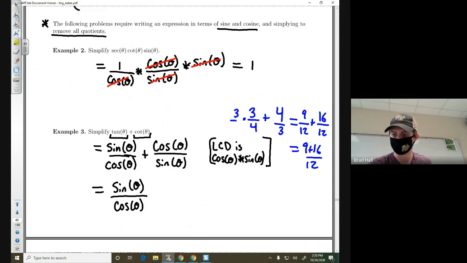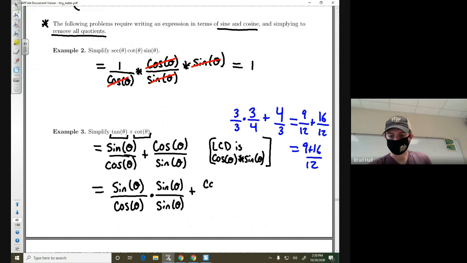We multiply the bottom by the top, or the bottom by... Yeah, we multiply. The denominator's missing a sine, so it needs a sine. But whatever you do to the bottom, you have to do to the top, because that's the same thing as multiplying by 1. Multiplying by 1 doesn't change anything.